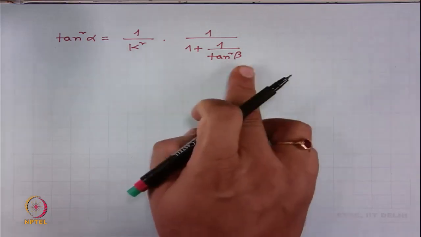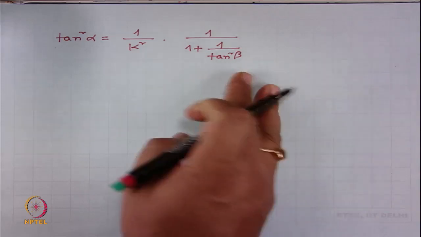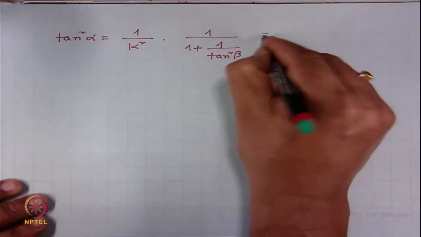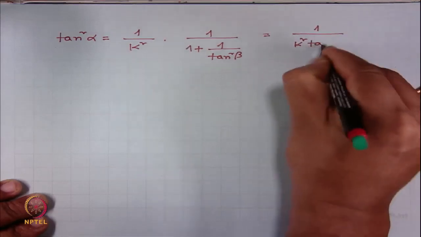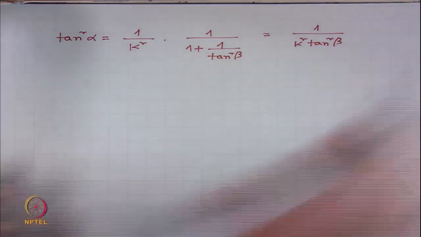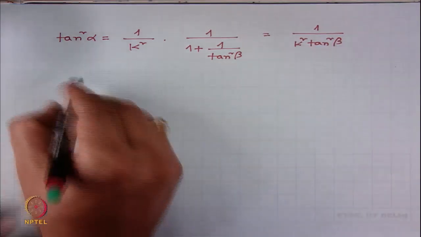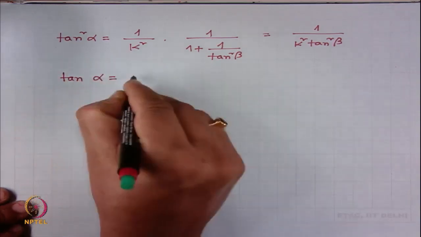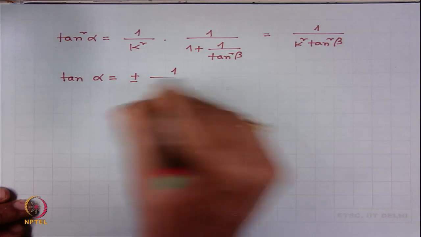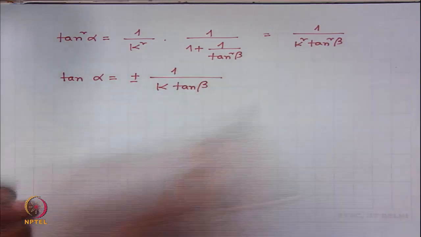Very large quantity plus 1 remains that large quantity. So, this becomes k square tan square beta. So, tangent alpha is equal to plus minus 1 by k tan beta.